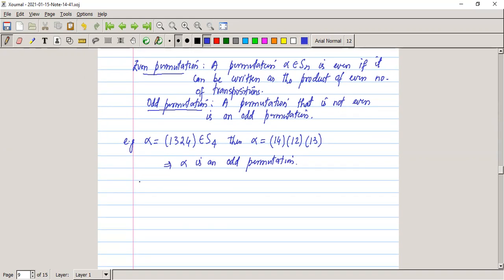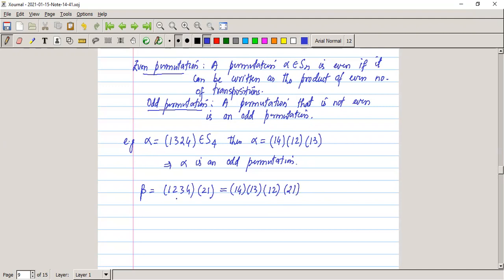Now similarly, let's take one more example, beta, which is equal to (1 2 3 4) into, suppose, (2 1). Then this permutation is actually the product of two cycles. Now this can be written as (1 4)(1 3)(1 2), then we have here (2 1).